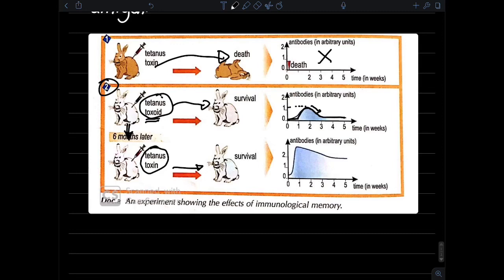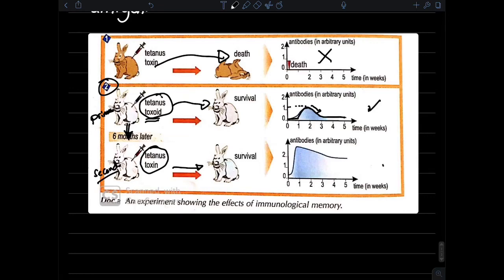We can conclude that the attenuated toxin, which is toxoid, eliminates the fatal effect of the virulent toxin. Now we have to compare the amount of antibodies secreted in the primary and in the secondary immune response.